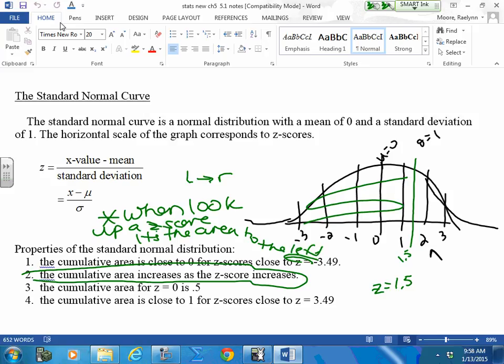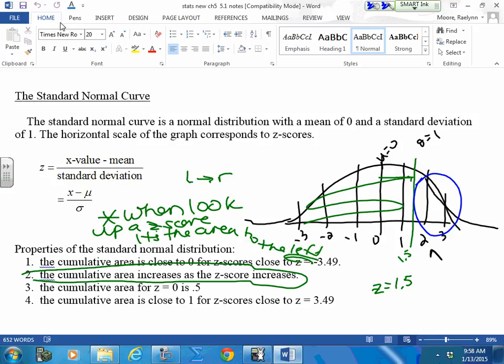And I don't know if you remember back to Thursday, we said a good way to judge is at the halfway mark, it's half of 100%. So 50% of your area lies to the left, 50% lies to the right. So if I'm a lot past the 50%, isn't my area going to be a lot over 50%? Yeah, it would make sense, right? So now, when we look up that area to the right, isn't that a little piece?